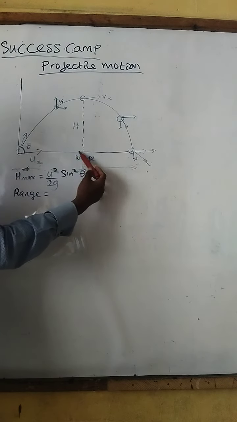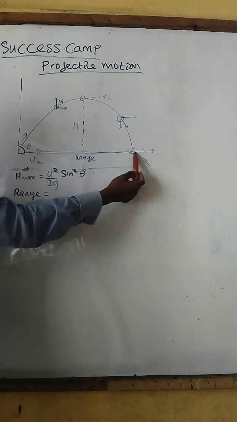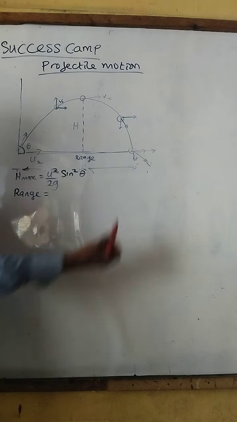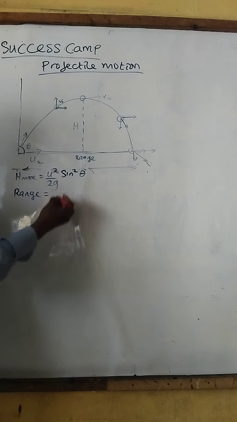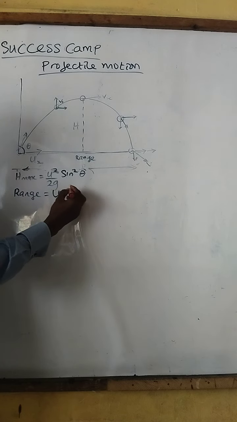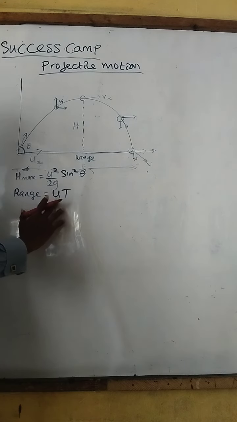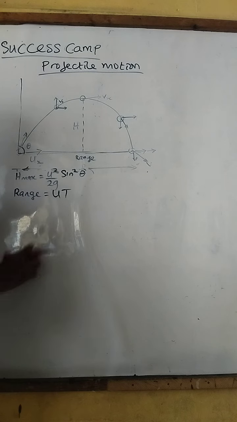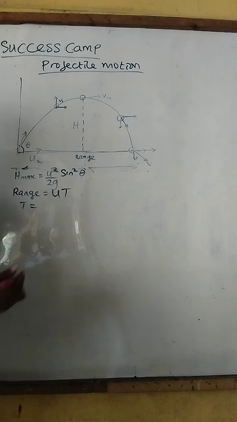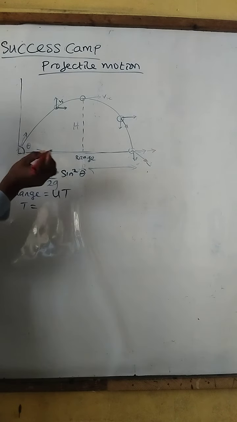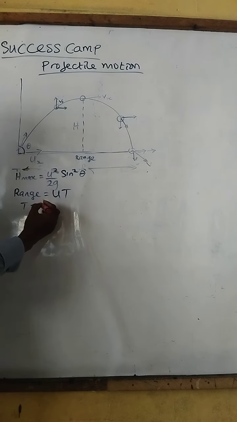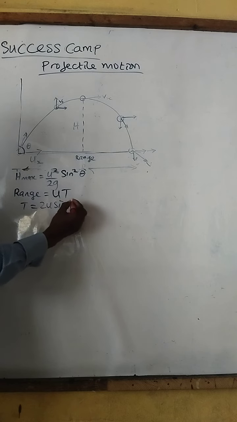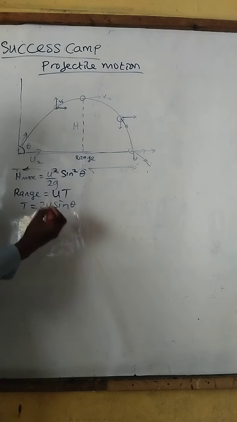You can see it's a horizontal distance from here to this particular point. This is our range. So the formula for our range is just ut. And then my t is time of flight, and time of flight is twice the time to reach maximum height. So time of flight is 2u sine theta over g.